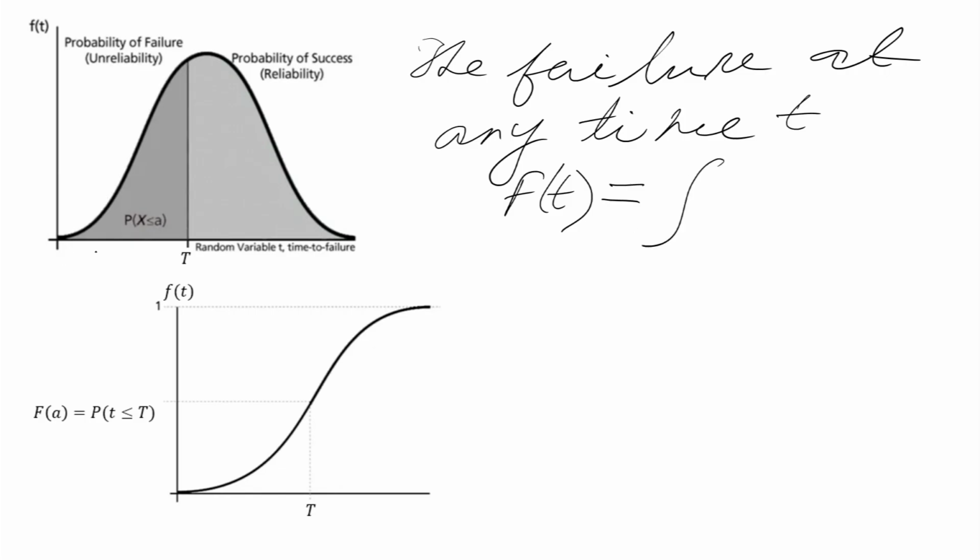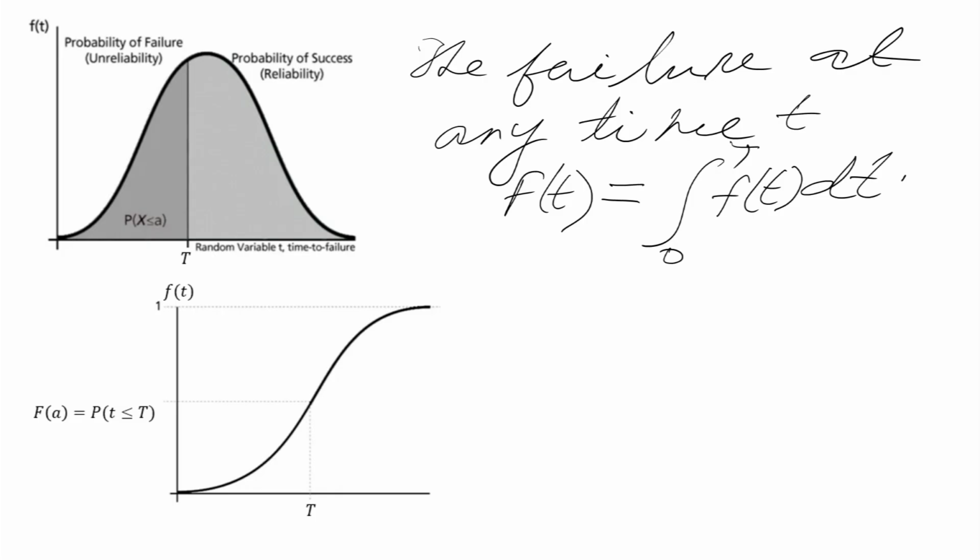You have to integrate from 0 to, suppose you take t equal to capital T, so you take 0 to capital T and integrate f(t) dt. Okay. If you integrate this and plot the function, you will get a curve like this. First at t = 0 it will be 0 and then it will accumulate like this, and when it goes to infinity it will reach 1.